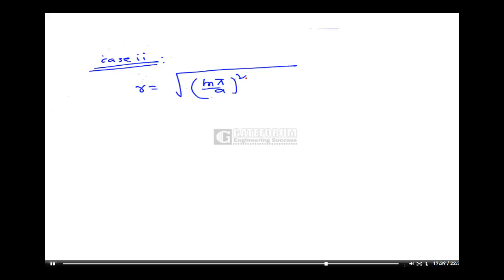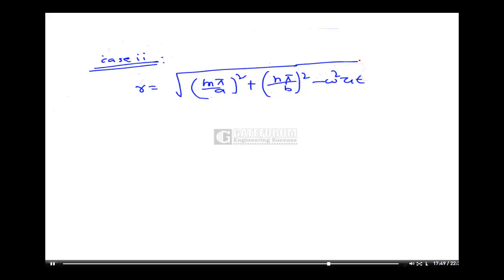The next one is case 2. The basic equation we started with: gamma is equal to square root of (m pi by a) whole square plus (n pi by b) whole square minus omega square mu epsilon.